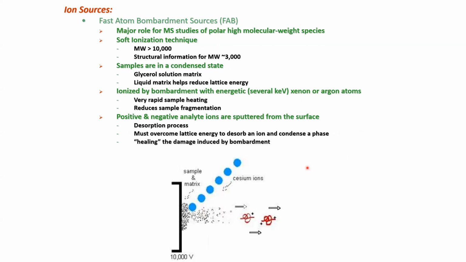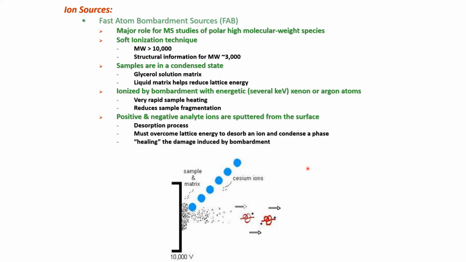Then we have fast atom bombardment sources, FAB. The major role is for MS studies of polar, high molecular weight species. This is a soft ionization technique. It's good for molecular weights greater than 10,000 and for structural information for molecular weights of around 3,000. The samples are in the condensed state, in a glycerol solution matrix, and the liquid matrix helps reduce the lattice energy.